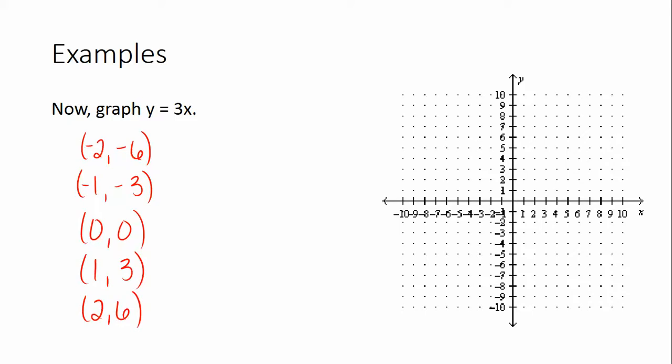Now you can see why we did the graphing activity, so that we remember how to graph ordered pairs. So we're going -2, down 6; -1, down 3; 0, 0; +1, +3; and +2, +6. You can see the points align in a line as they should.